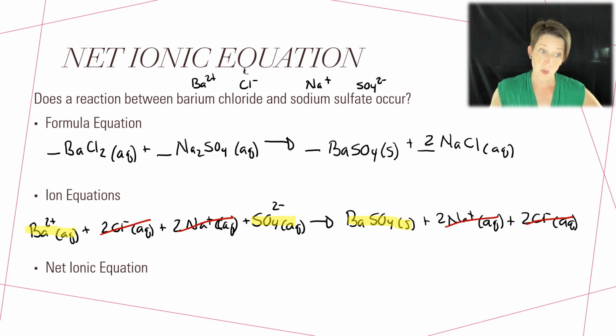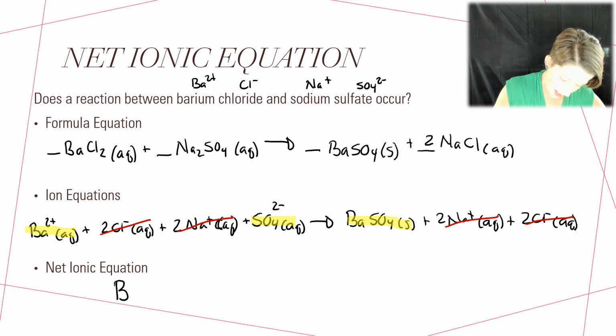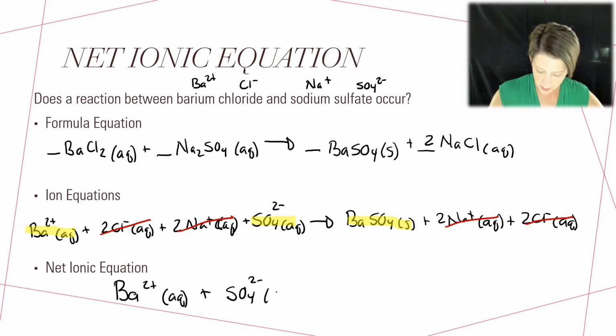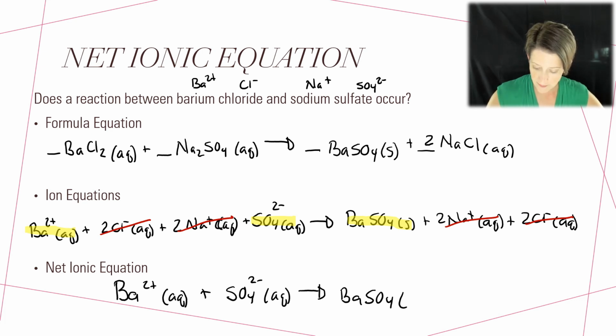The reaction we care about is what we have highlighted, what caused the phase change. Our net ionic equation, the one that gave us the product we are looking for, is our barium ion reacted with our sulfate ion to form our solid barium sulfate.